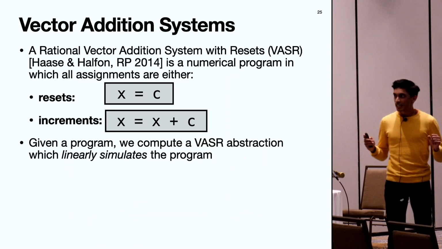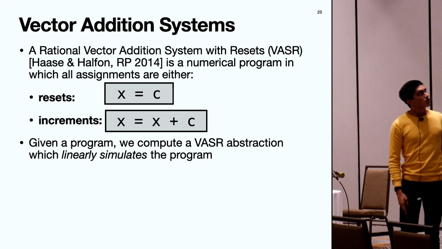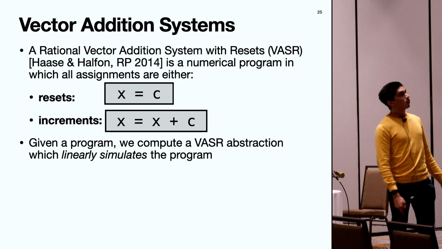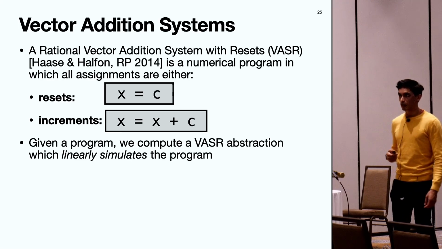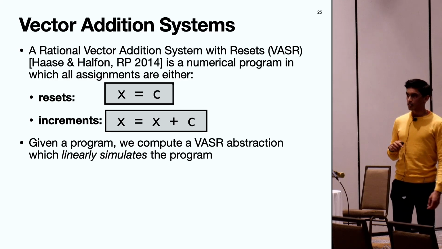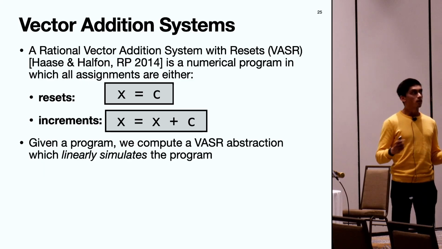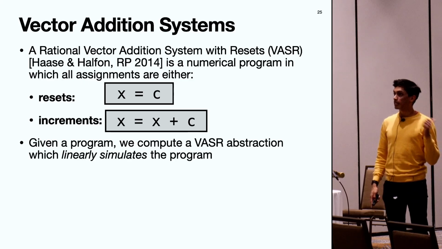I keep saying VASR. What is a VASR? A VASR is a program in which all of the variable assignments are of the form variable equals constant or variable equals variable plus constant. And I'm going to be computing VASR abstractions which linearly simulate the program. This means that the f function on the previous slide is going to be a linear function.